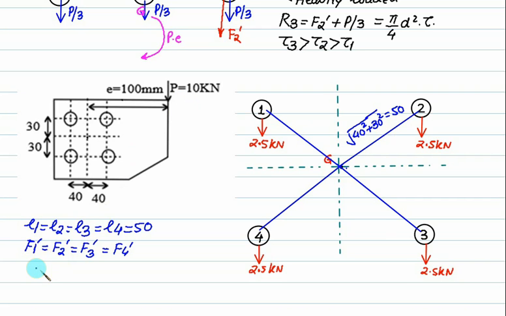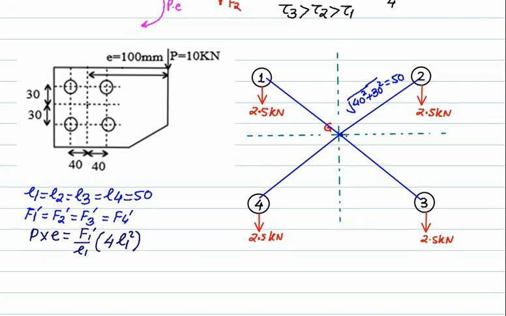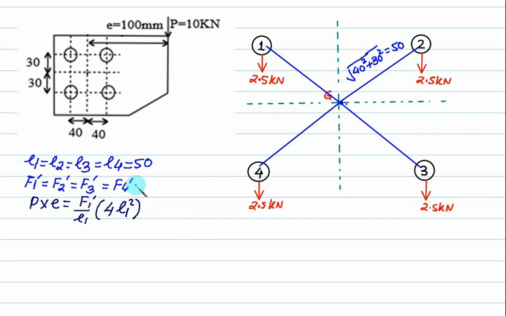External force P multiplied by E must equal F1 dash by L1 into the bracket L1 square plus L2 square plus L3 square plus L4 square, which is 4 times L1 square. So the answer comes out to be 5. So all these forces are equal to 5 kilonewton.